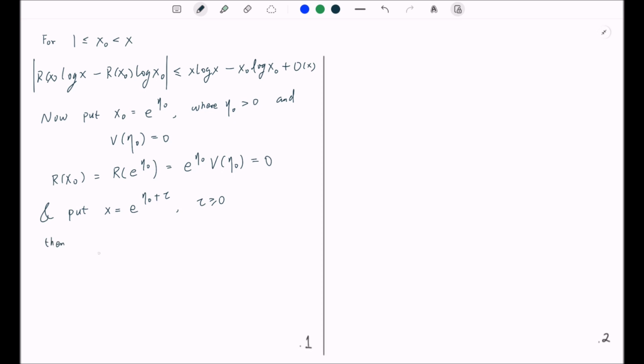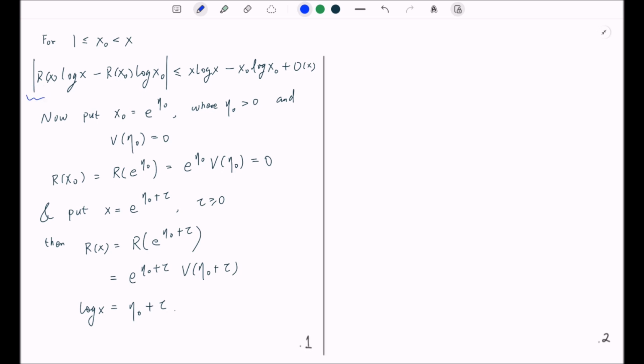Then r of x is equal to r of e to the eta naught plus tau, and we pull out this exponential, and the remaining part will be v of eta naught plus tau. This is simply the definition for v. And at the same time, log of x is equal to eta naught plus tau.